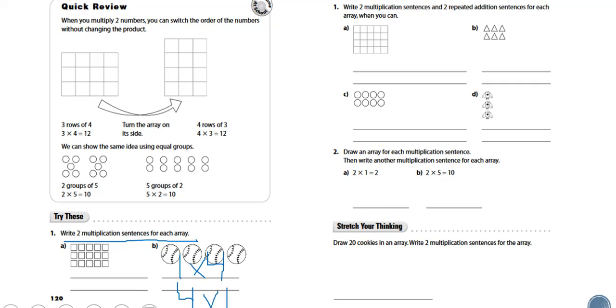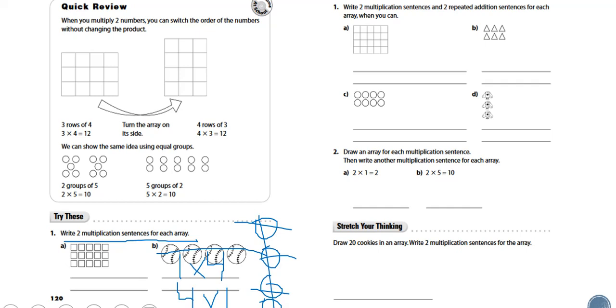Because we have 1 row of 4. So 1 row, 4 columns. And if we switch it around, then we have 4 rows, 1 column. Okay? So you just have to write 2 multiplication sentences for each array, which you already know how to do.